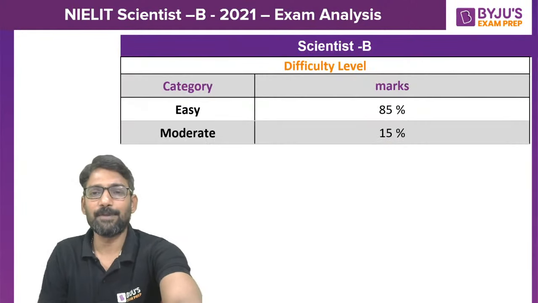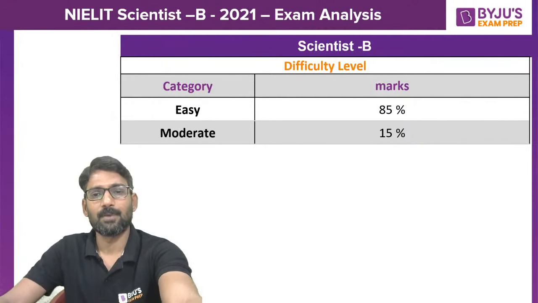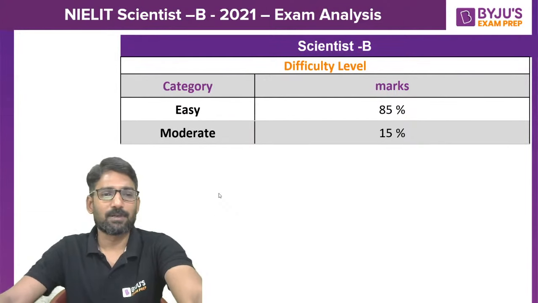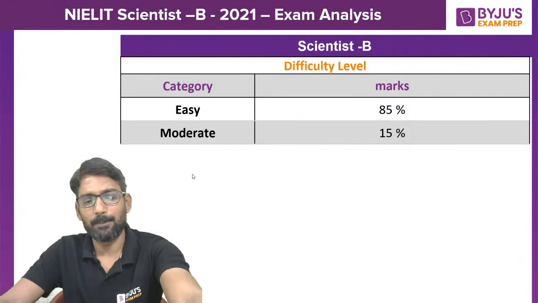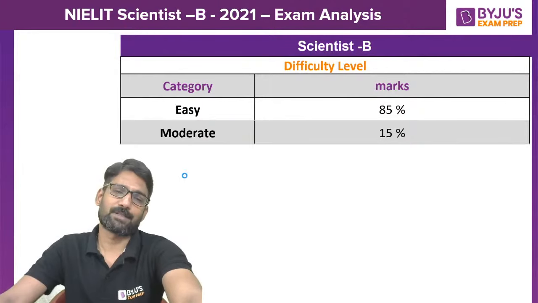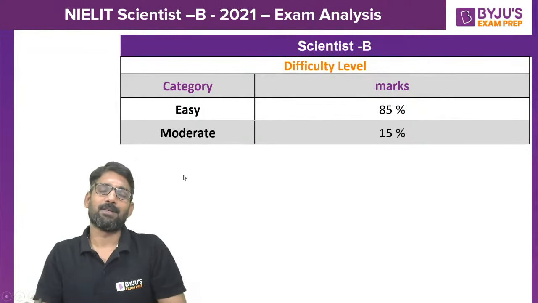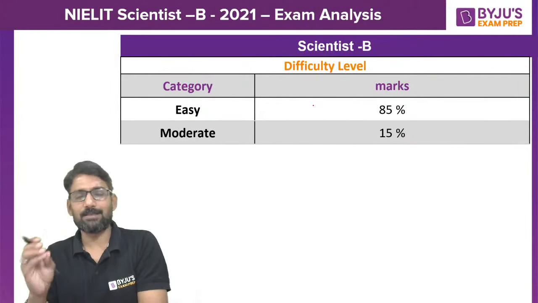And what was the difficulty level, if you ask me? The difficulty level, majority I found, but yes, keeping the students' point of view only, all were direct questions, guys. All the questions majorly were direct questions, like from the OSI model, very easy questions.